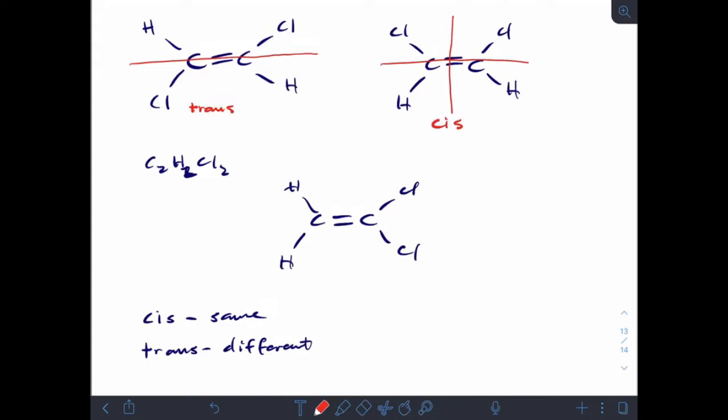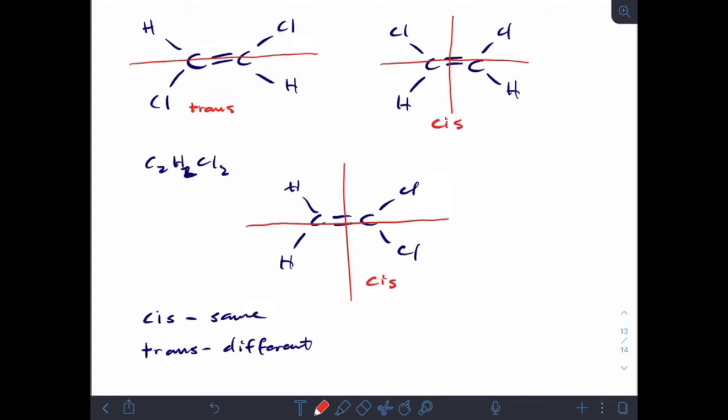Okay? So our bottom molecule here, if I bisect it this way or this way, we have a cis molecule. Right? It's easiest to see with this one if I bisect vertically that I have exactly the same two hydrogens on the left, two chlorines on the right, the same.